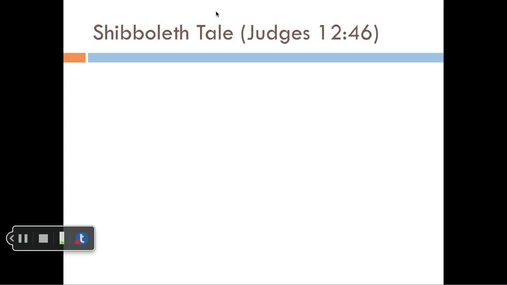The example Hopper uses comes from the Shibboleth tale. The Shibboleth tale is in the Bible in Judges 12:4-6. I'm sure many of you have a strong background in the Bible and a good understanding of what this tale accounts for, but we'll talk through it for those of you that might not be as familiar.